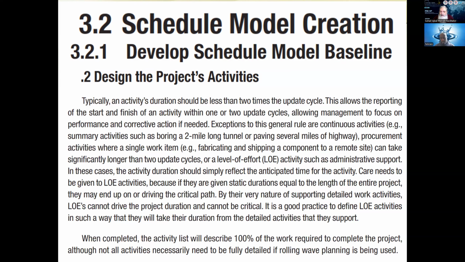So we can report this progress like that, but according to the level of effort. In these cases, the activity duration should simply reflect the anticipated time for the activity. For these LOE activities, we anticipate that because this much time has passed, this much effort has been served. This is not the exact effort.